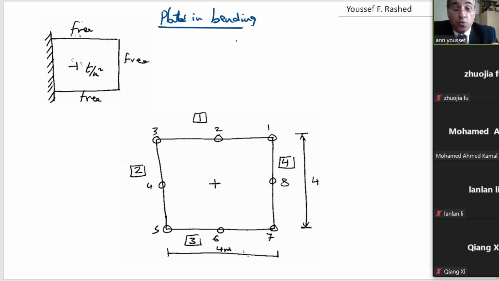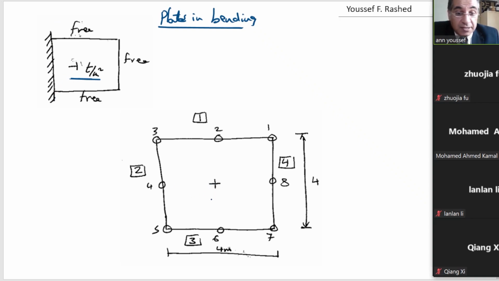Okay, so we will demonstrate our problem here. This problem is very simple, a cantilever problem. This is a plan, so you are looking from above, for example. You have a distributed load of -1 ton per meter square over this area, and you have 3 free sides, and you have a fixed side from here.